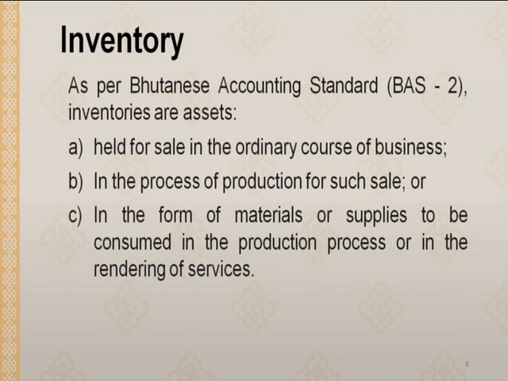So this is the definition given under BAS 2. You may go through it, and as I have also informed you, inventories are something held by the business for sale and of course for self-consumption, but for the purpose of production of goods and services.